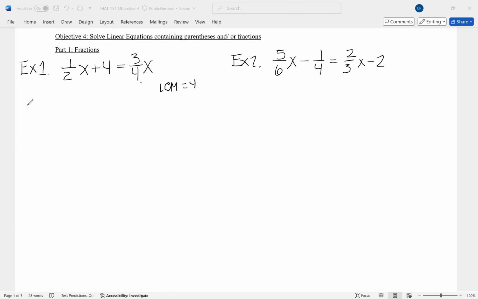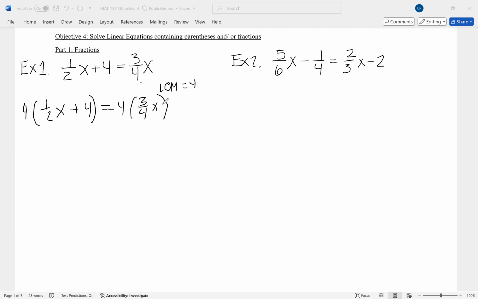So we can multiply both sides of the equation by 4. Or you can write it where each individual term is multiplied by 4. However you write it, and I'll write it different ways so you can see the different ways, we just need to make sure that we multiply everything by 4, okay?